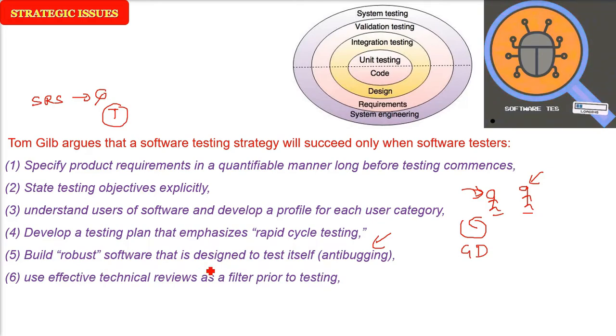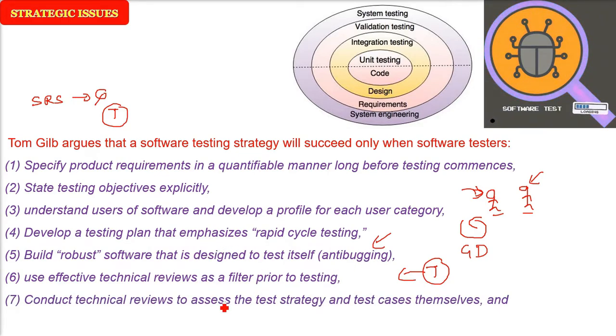Technical reviews are very important, because you're not just doing dynamic analysis, but static analysis. If someone who is an expert has already seen it, there will be benefit. Conduct technical reviews to assess the test strategy and the test cases themselves. Testing is done to find errors, but there should be technical reviews to test the testing also.